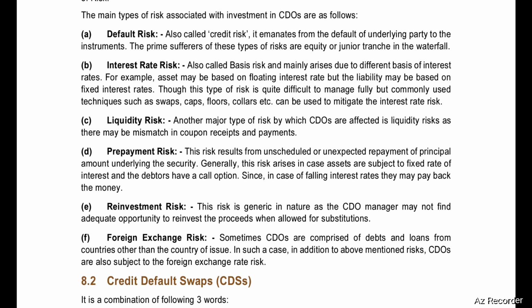For example, an asset may be based on a floating interest rate, but the liability may be based on a fixed interest rate. Though this type of risk is quite difficult to manage fully, commonly used techniques such as swaps, caps, floors, collars, etc. can be used to mitigate the interest rate risk.